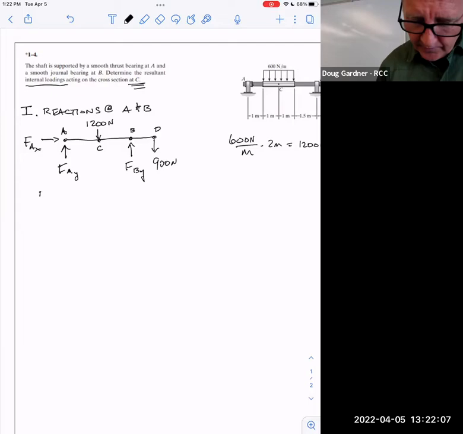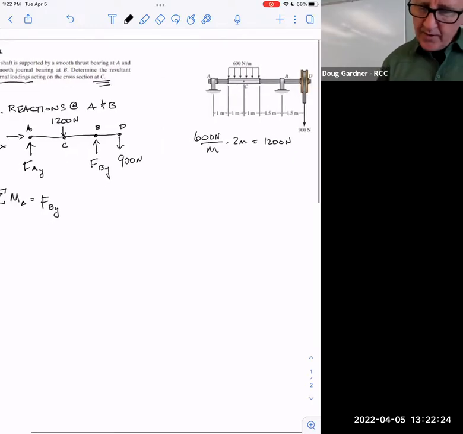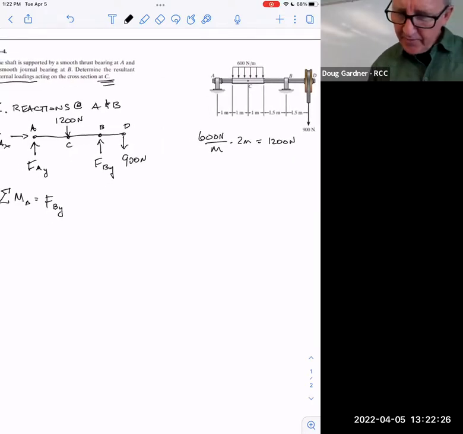So I have no reason for this, but I'm going to say the sum of the moments around A would be the force of B in the Y direction. That's rotating it counterclockwise. And I didn't redraw the distances because I can steal them from over here. 1, 2, 3, 4.5.